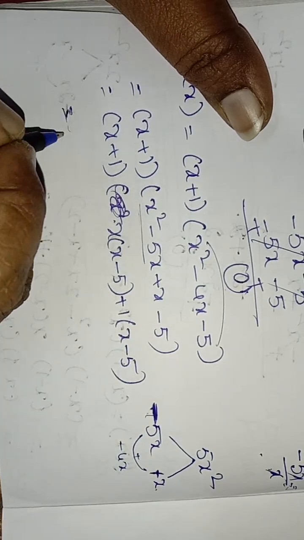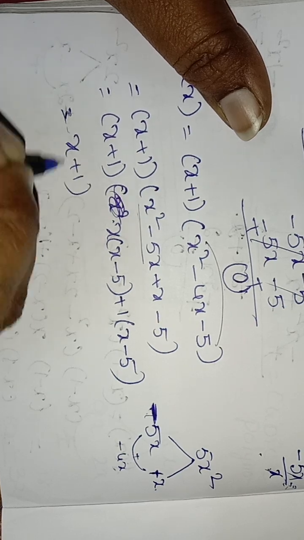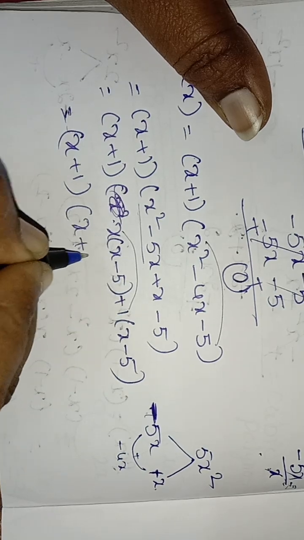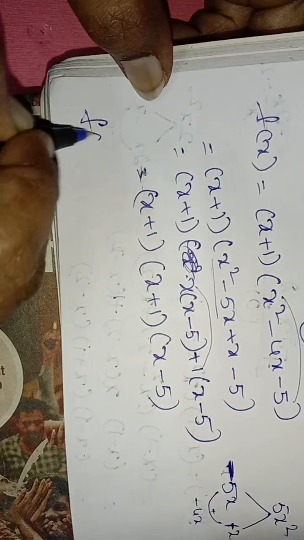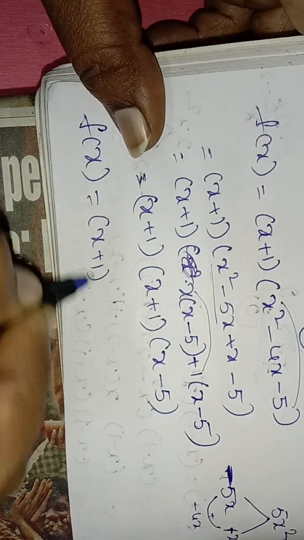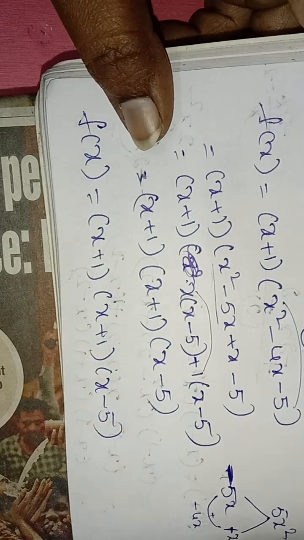So x plus 1 as it is. Here these two I am taking common, and x minus 5. So what are the factors? So for f of x, factors are x plus 1, x plus 1 and x minus 5 are the factors. Right?